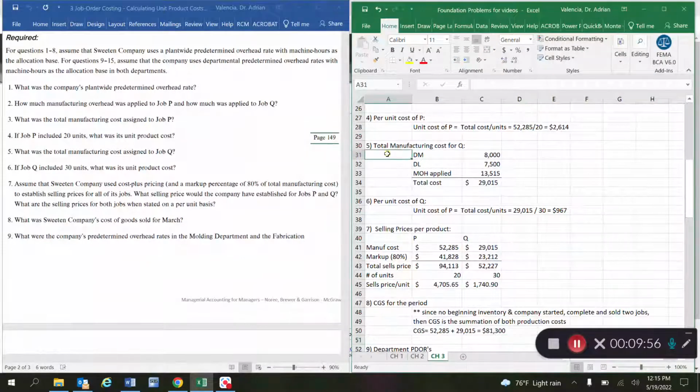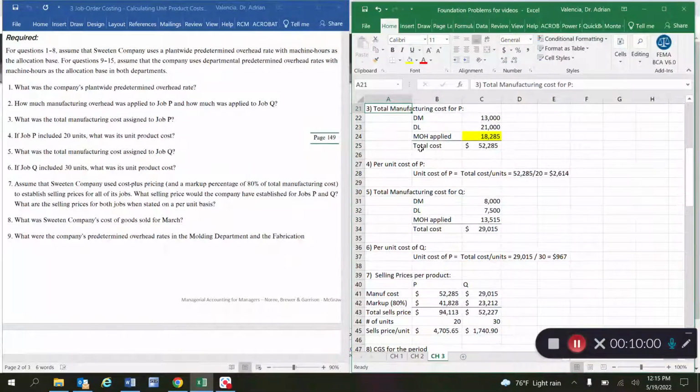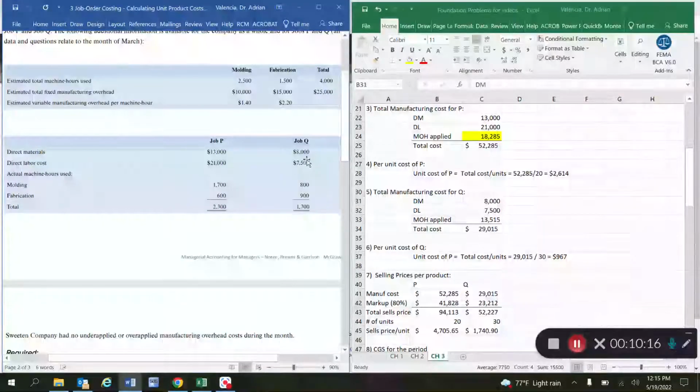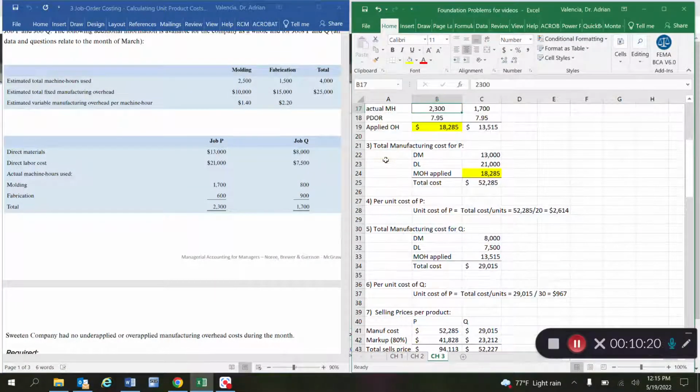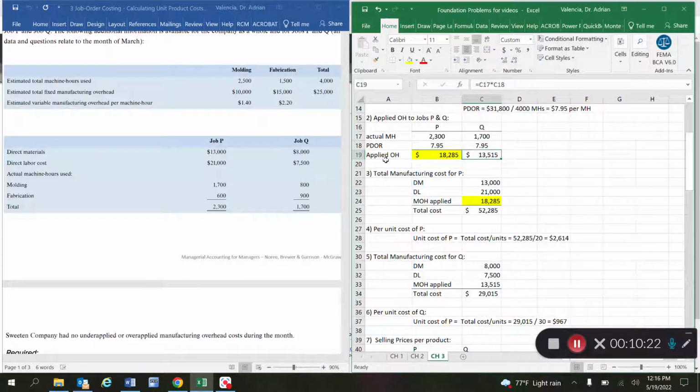All right, then we move on to number 5, which is the same procedure of figuring out the cost for Q. So what was the total manufacturing cost applied to Q? This right here is the direct materials and direct labor that was given to us, 8,000 and 7,500, and then the 13,515.